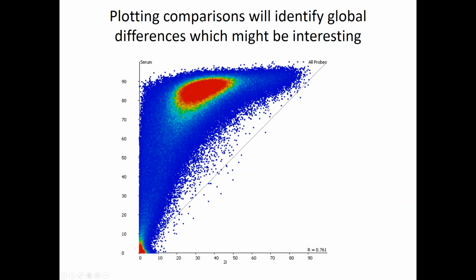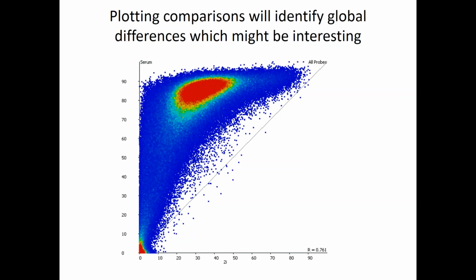What I'm trying to stress in all of this is that when you're approaching this sort of data, you need to understand it. So you need to be able to visualize it. You need to look at the raw data and make sensible decisions about how to quantitate it.